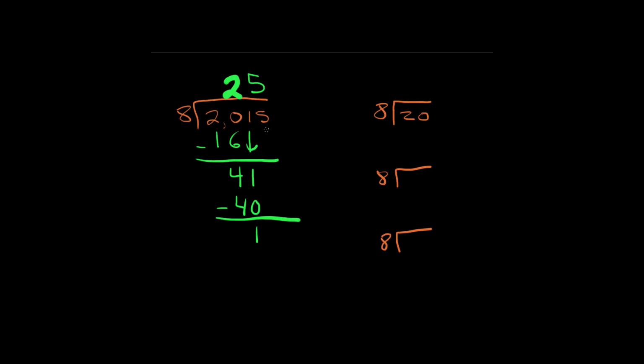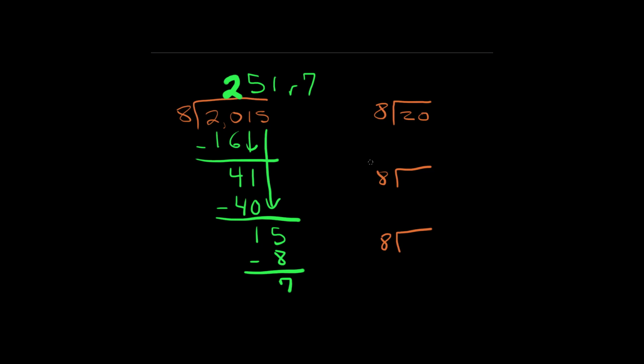Subtract. Bring down. How many 8s can go into 15? In that case, only 1. So we're going to subtract an 8. We get a 7 as a remainder. So our answer to this question is 251, remainder 7.